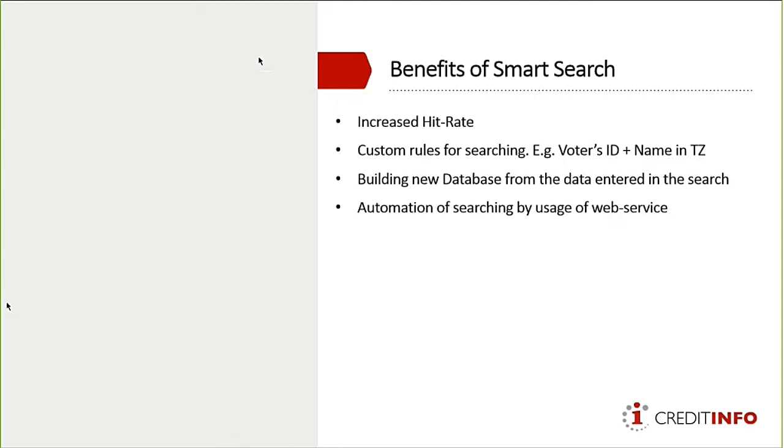Our plan is to release this functionality next month, and the most appropriate usage of this module, the Smart Search, would be, as I said, in instances where we don't have a unique ID. This module can be extended also with other products such as multi-connector and bead, who is familiar with it.